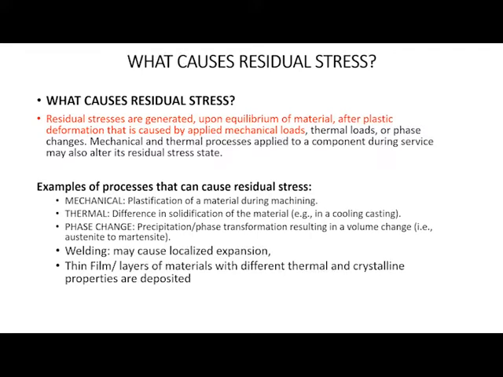And from a turbine engine point of view, we pretty much can experience all of those: mechanical, thermal, phase change, welding, and thin film layers for materials with different thermal and crystalline properties.